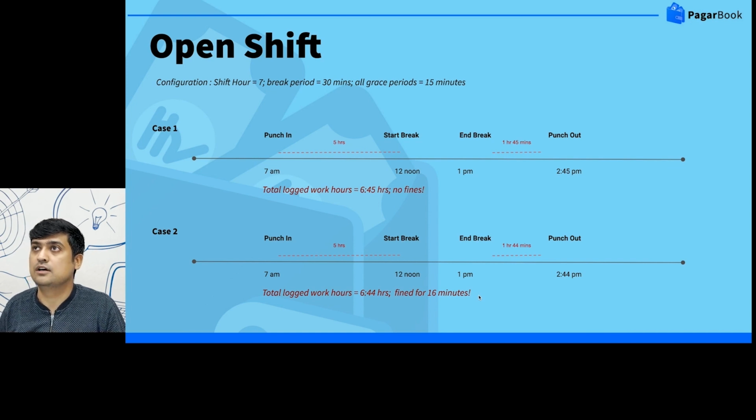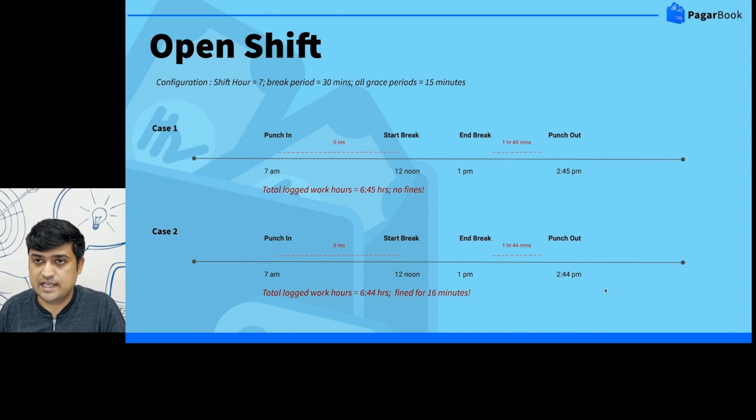Now, just to make a point here on our system, any shift that you configure has a maximum cap of 16 hours. So no shift can be more than 16 hours. In case of open shift, if you look at the last possible time when somebody can punch in for the day, assume it is, let's say, 11:59, right? And your shift hours is 16 hours.